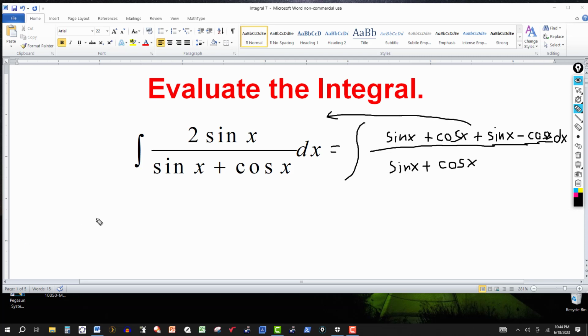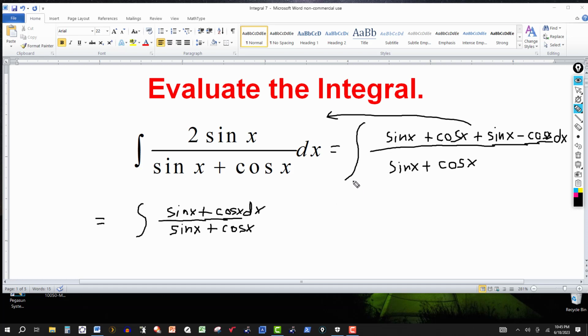Okay, so now this is going to equal 2. Now what I'm going to do is break this up into 2 integrals. So the first one is going to be sine of x over sine of x plus cosine of x. Haven't changed anything yet, just changing the form. If I divide this out, this is just going to give us the integral of 1 dx.